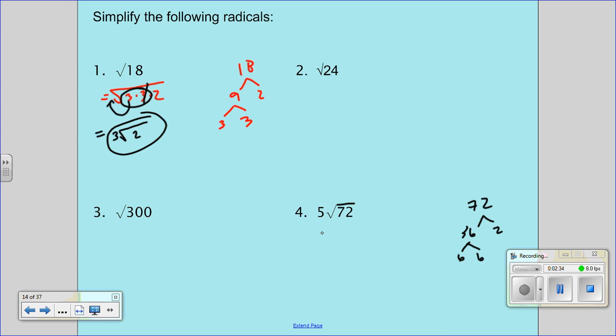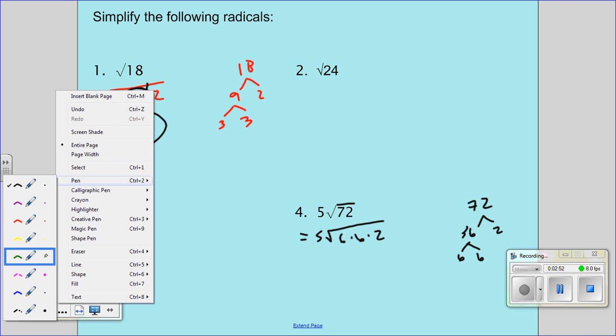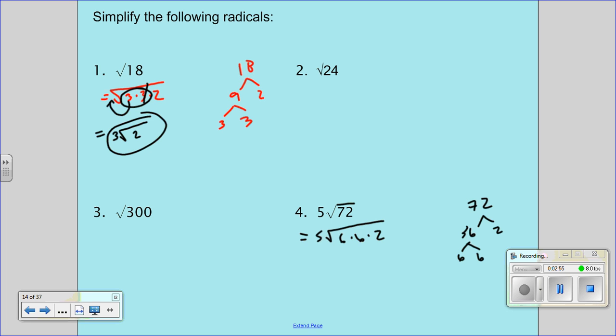So I'm going to bring down the 5 outside, and then inside the square root, I'm going to list the 6 times 6 times 2, because that was 72. And again, I see a pair of 6's. So I'm going to circle the pair, cancel one out, and one will come outside to join the 5.